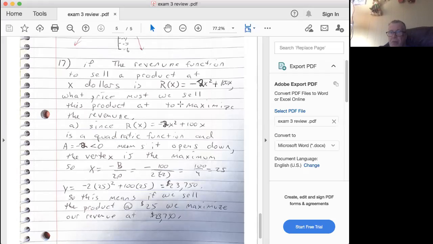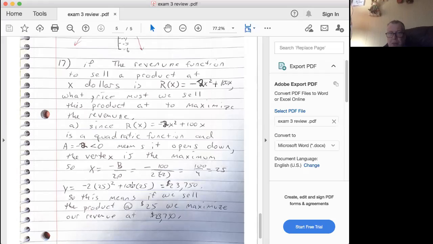Since it's in standard form, we use the minus b over 2a formula. So -100 over 2 times -2 gives us 100 over 4, or 25. So at x equal $25, we've maximized the revenue coming in. So how much is that?